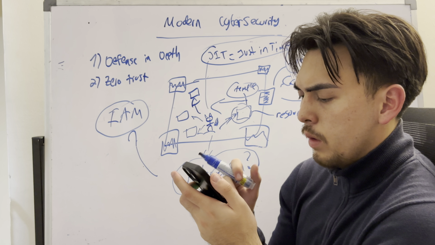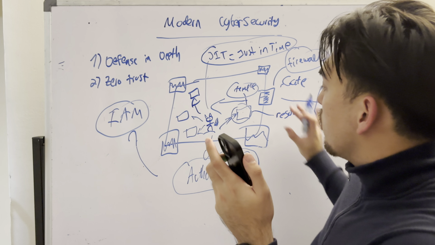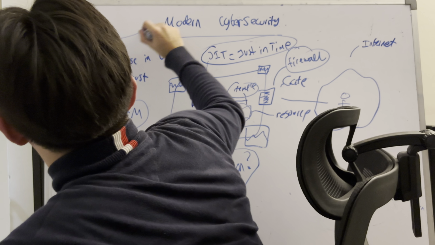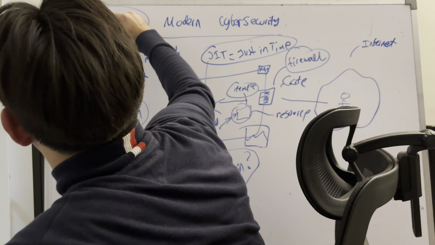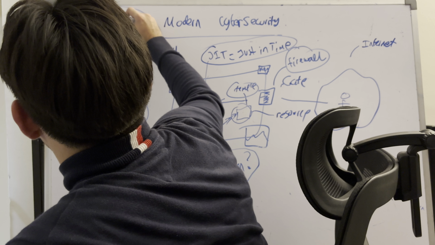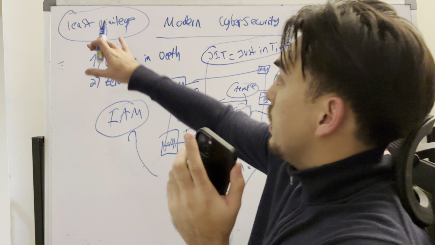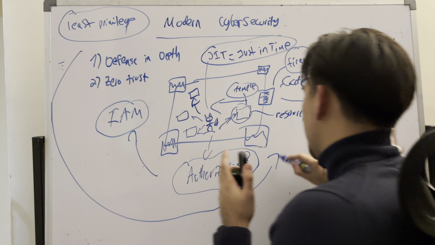Okay? And so understand that zero trust is, from a broader picture, the understanding of least privilege. Least privilege and zero trust are essentially different things, but they overlap, because least privilege is part of zero trust.